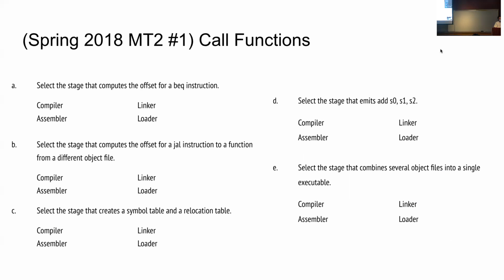And then for B, select the stage that computes the offset for a jump and link instruction to a function of a different object file. Linker? Exactly. And I'll emphasize again that when you hear different file or multiple files, I jump to thinking linker. And then for C, select the stage that creates a symbol table and a relocation table.